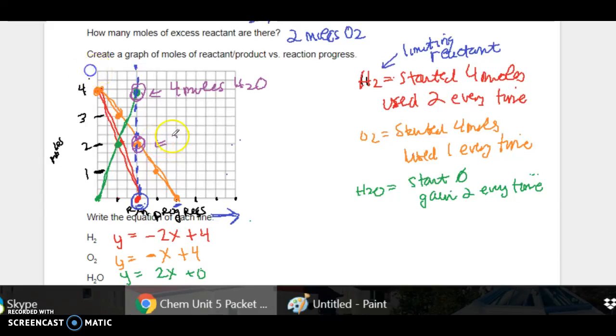My oxygen is still at 2, because it's the leftover reactant. And my hydrogen is at 0 because it was the limiting reactant. It's the reason the reaction stopped, because we ran out of hydrogen. So I can see in this reaction, the hydrogen will run out first. I'll get left with 2 moles of oxygen, and I'll make 4 moles of water.